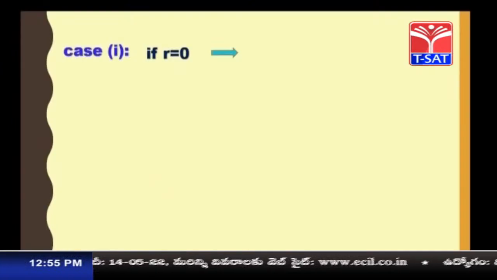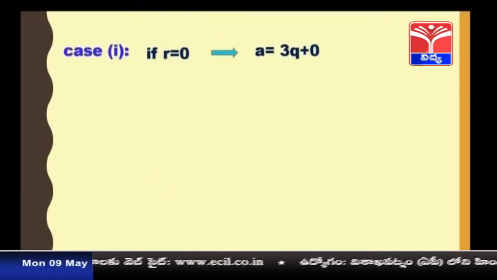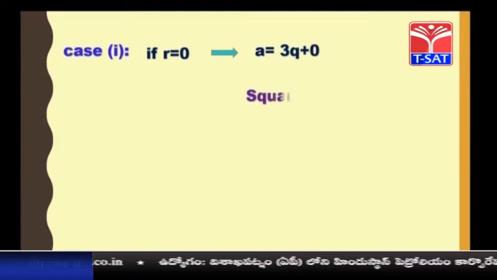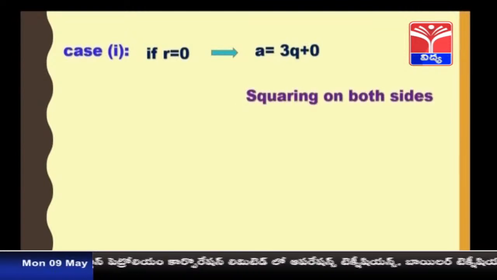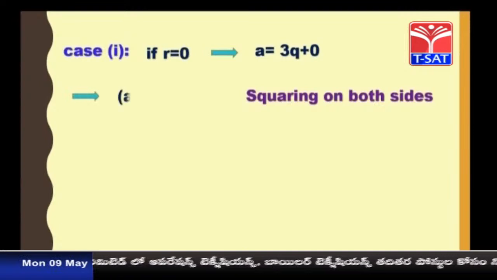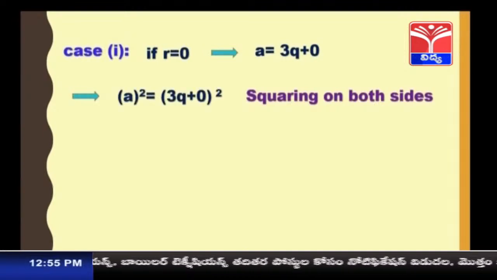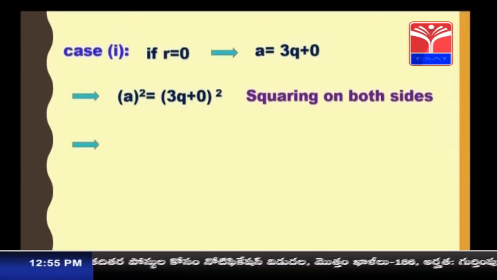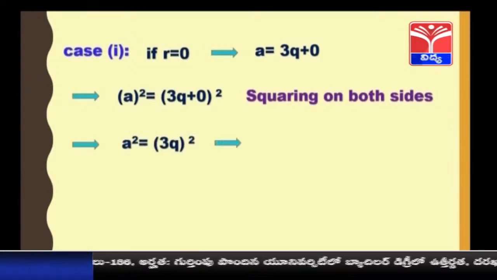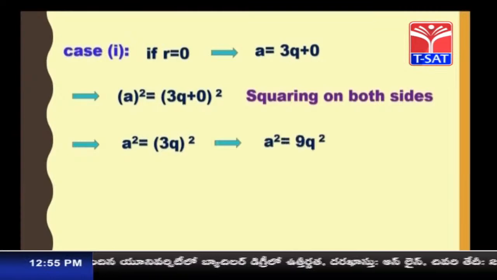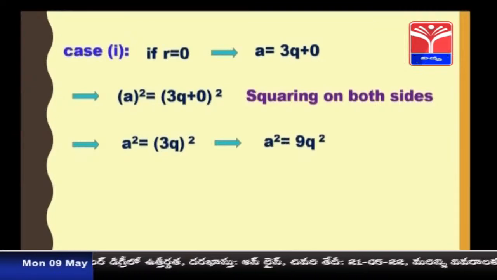If r is equal to 0, I can write a is equal to 3q plus 0. The question is about the square of any positive integer, so I need to square on both sides. Then a square is equal to 3q plus 0 whole square, which is a square is equal to 3q whole square, which is a square is equal to 9q square.